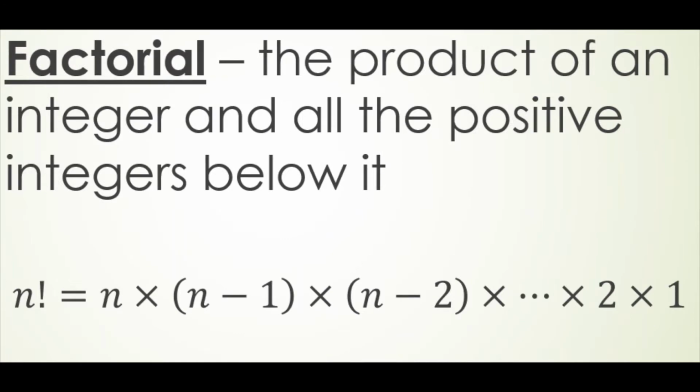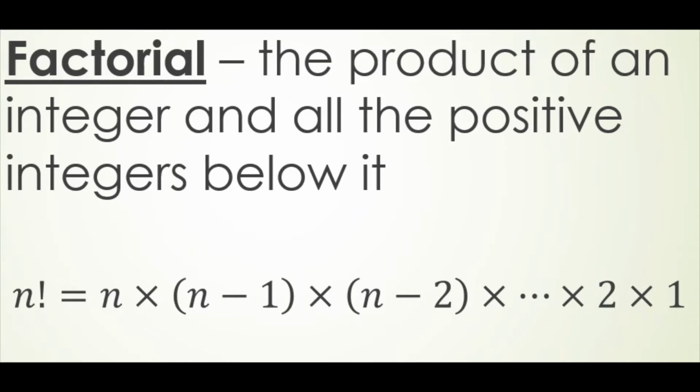Now, the other word we need to define for this lesson is factorial. Factorial is the product of an integer and all the positive integers below it. So you can see here n factorial is equal to n times n minus 1 times n minus 2 times etc. all the way down to 1. So for example, 5 factorial is equal to 5 times 4 times 3 times 2 times 1.